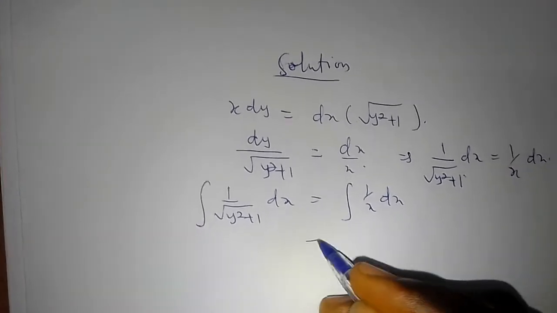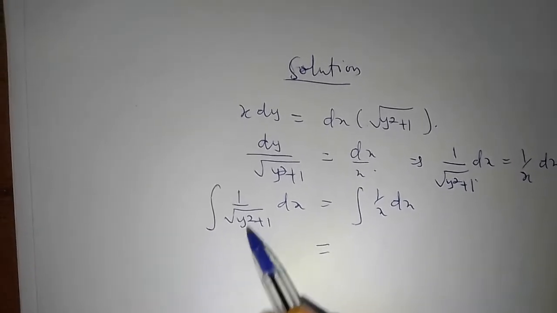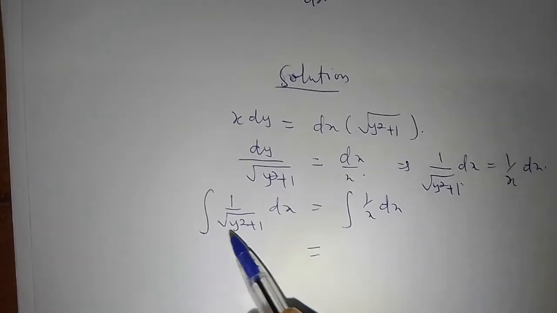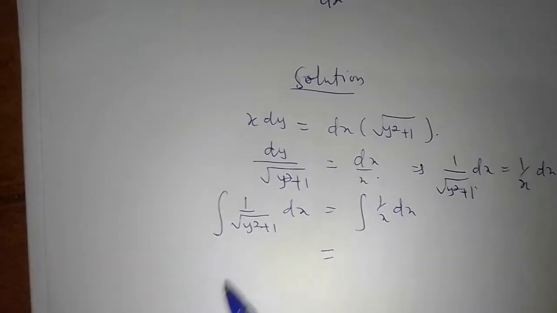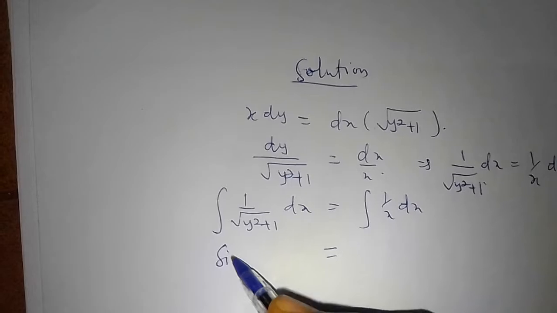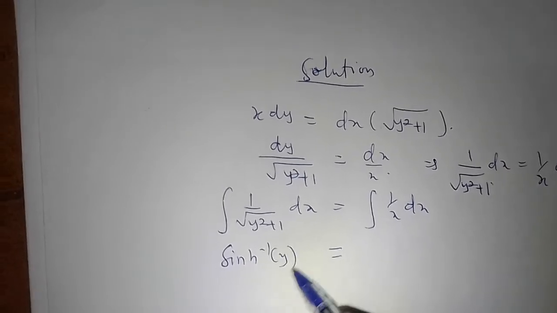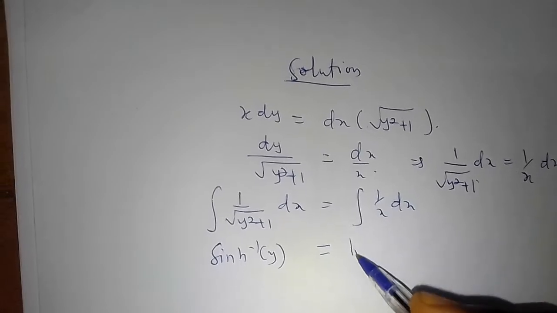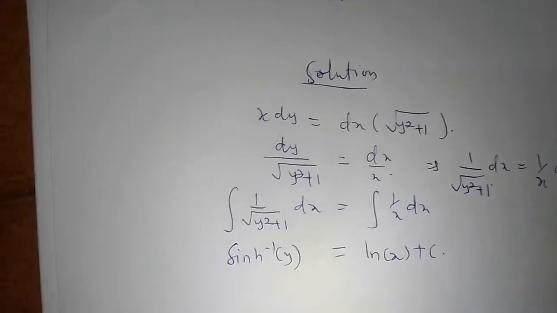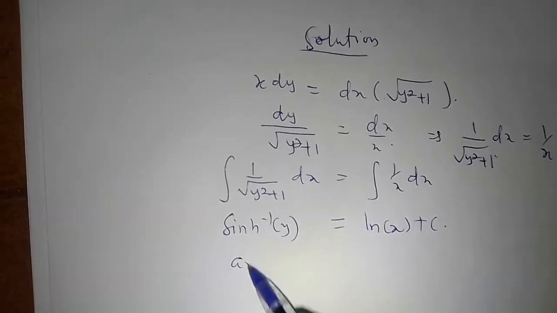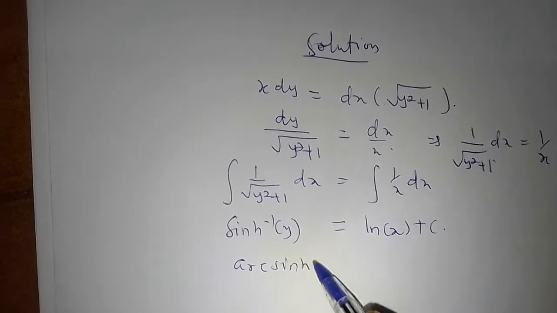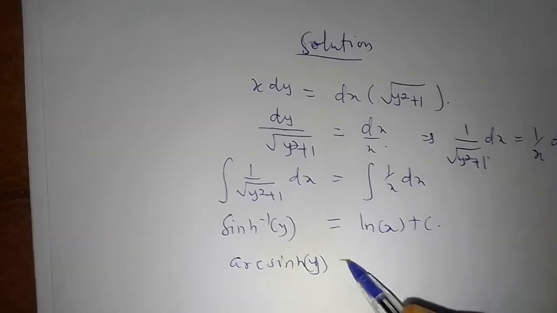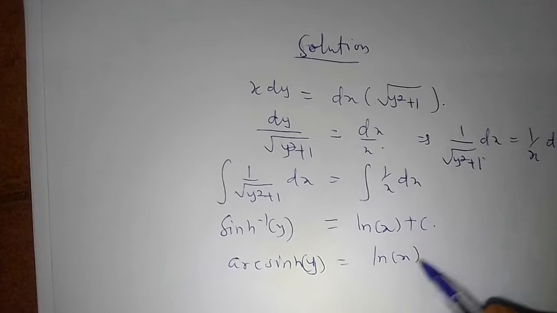So now let's see. We know that this becomes the inverse hyperbolic differential, so you have to go and refer. And this is the same as sinh inverse of y should be equal to the integral of 1 over x, which is ln of x, then plus c. This is the same as arcsinh of y, and this is equal to ln of x plus c.